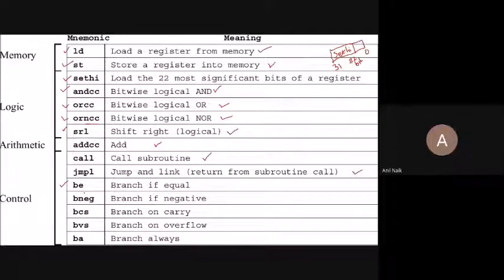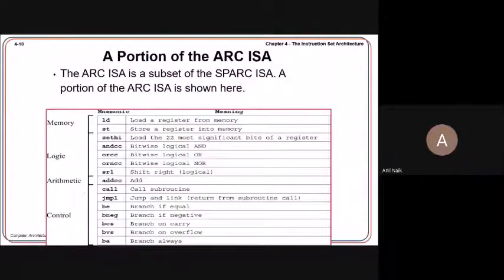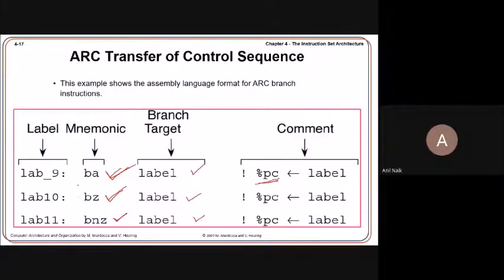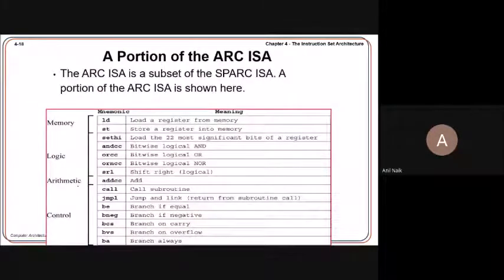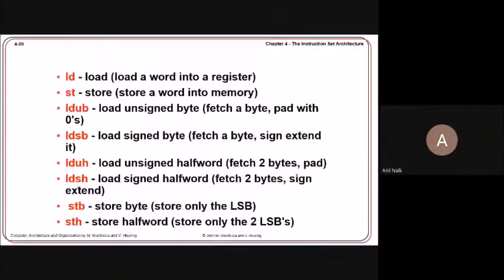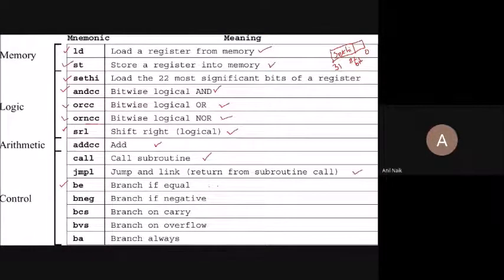So these are some other branch instructions, in addition to what we discussed last time: branch always, branch on zero, branch on non-zero. Here, branch if equal means if the condition is true. Branch if negative, branch on carry, branch on overflow: if the result is overflow, if a carry is generated, if it is negative, branch always.